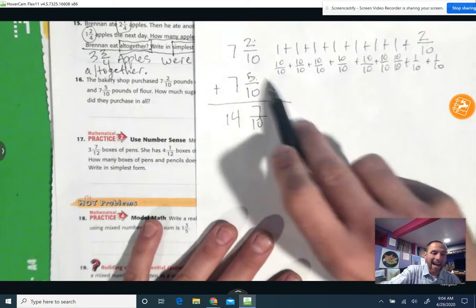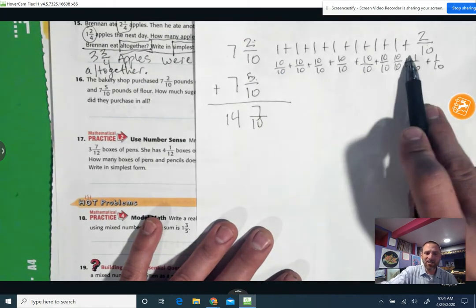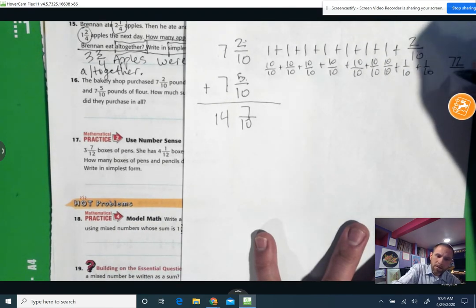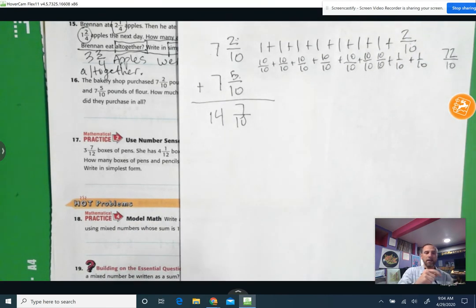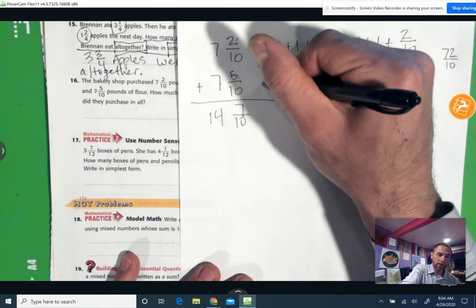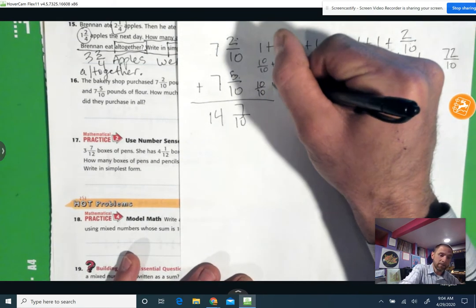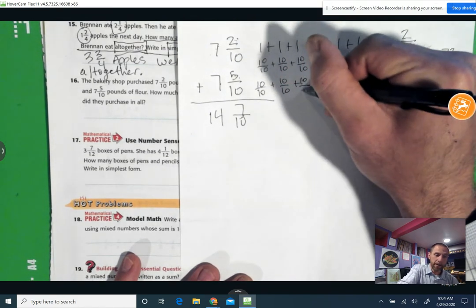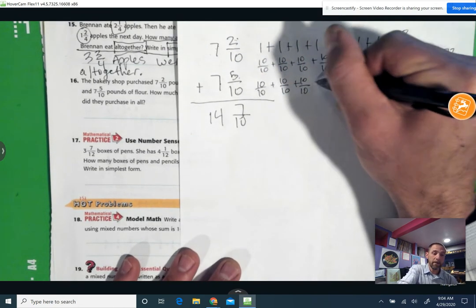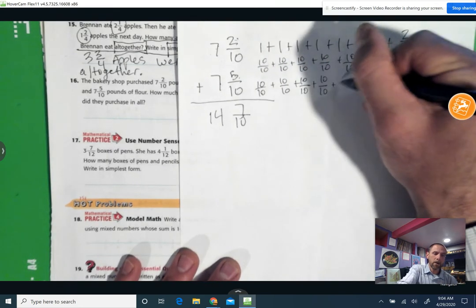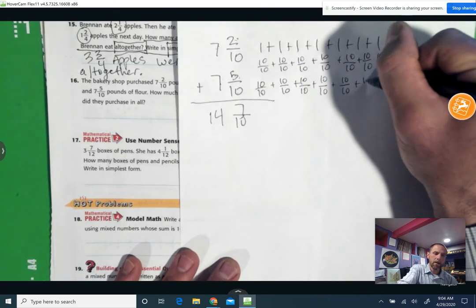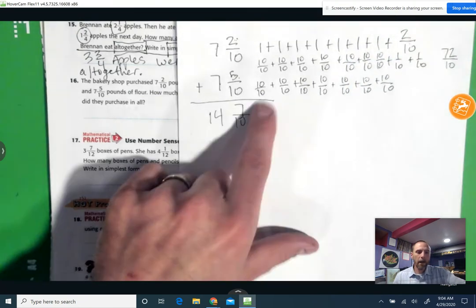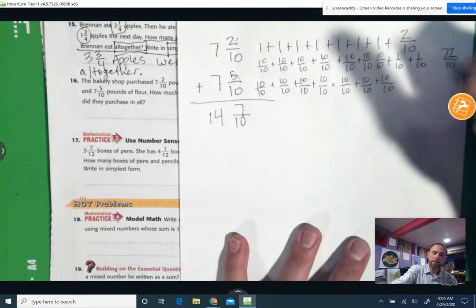Okay? And then we add up all those tenths, right? 72 tenths. And then we do our 10 tenths, 10 tenths, making our whole number 7 again. That's 4, 5, 6, and 7 tenths plus our 5 tenths.